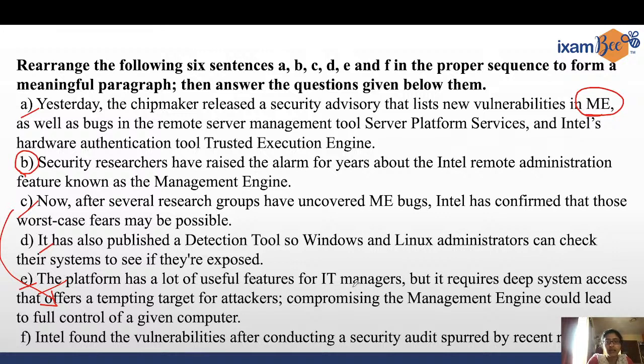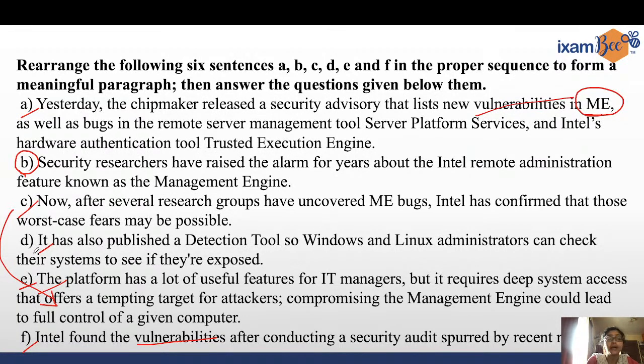Now, vulnerabilities is echoed in F. How did Intel find the vulnerabilities? They found the vulnerabilities after conducting a security audit. So it's directly related to A. So F comes next. And what did they do about it?